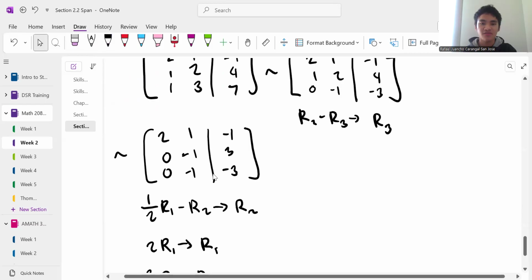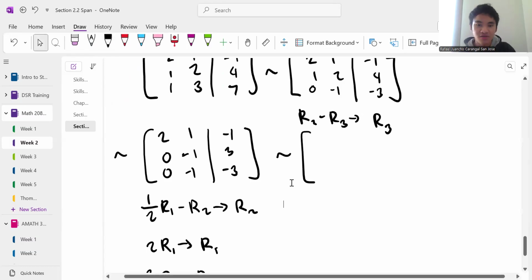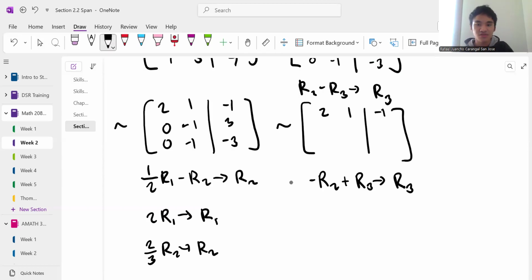Okay, now we have a very, very interesting situation here. What can we do now? Well, for one, I could make this thing positive, R2, and then add it to R3 and put it in R3. And I think we should have it in echelon form. So this is going to be 0, 0, 1 minus 1, 0.